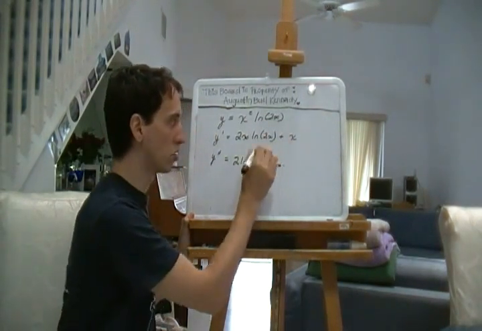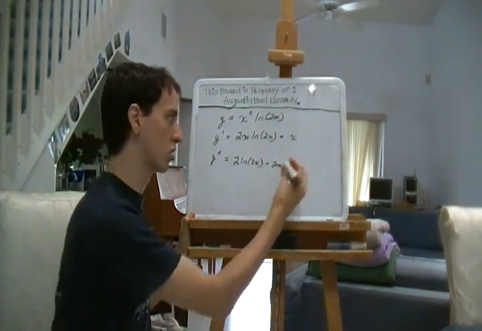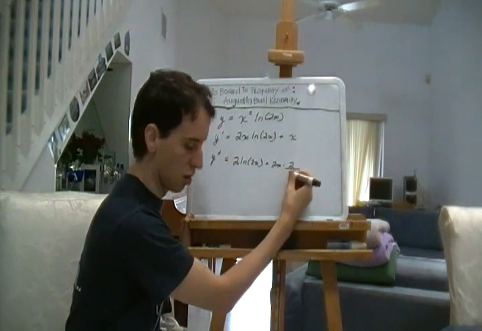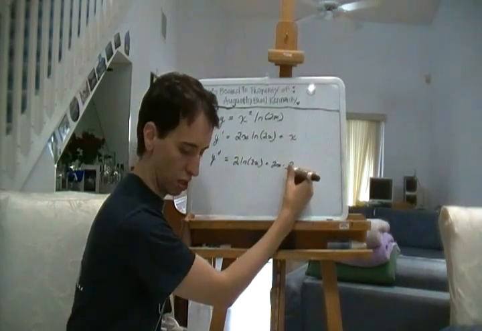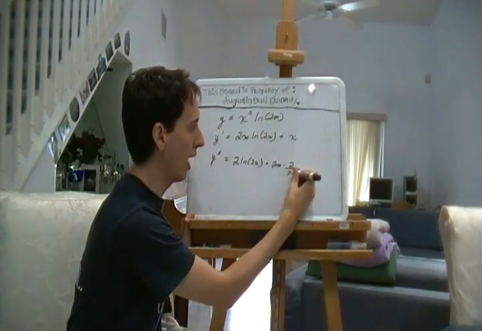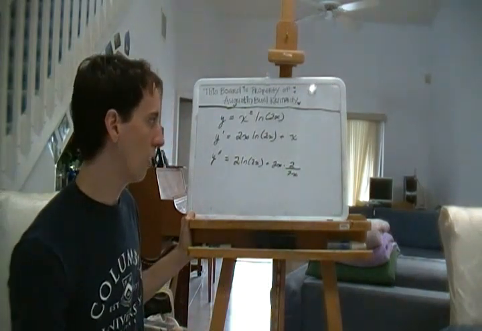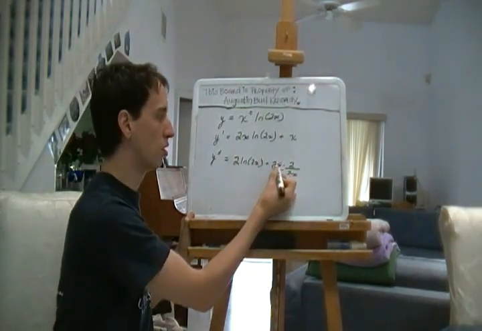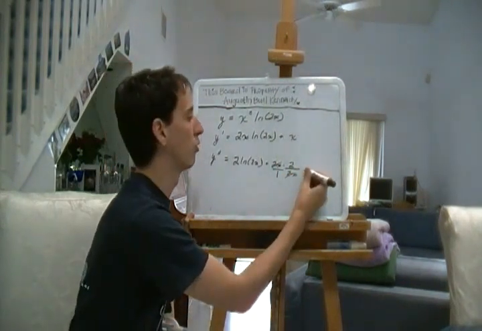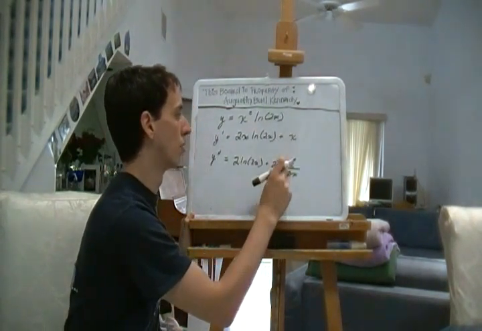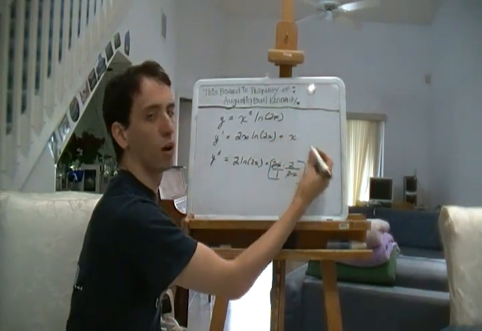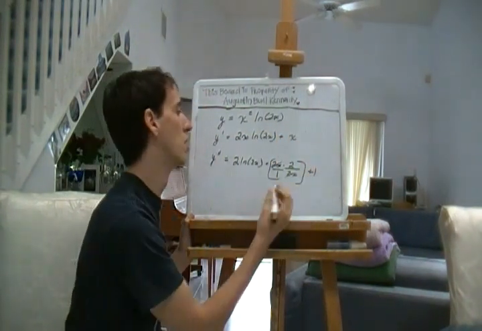2x times this derivative. We already know it's going to be 2 over, what? Yep, 2x. And we can see that these are going to cancel. The 2x's here are going to cancel, and we're going to be left with 2 plus the derivative of x, which is 1.